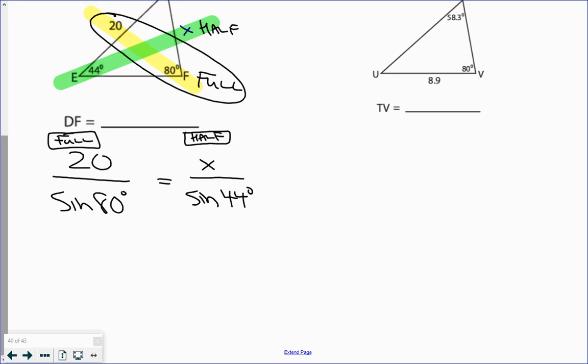All we have to do now is cross multiply and divide. So on your calculator, you're going to cross multiply and then divide. That is very similar to SOHCAHTOA. Cross multiply, then divide. So full equals half, always. Side angle, side angle.